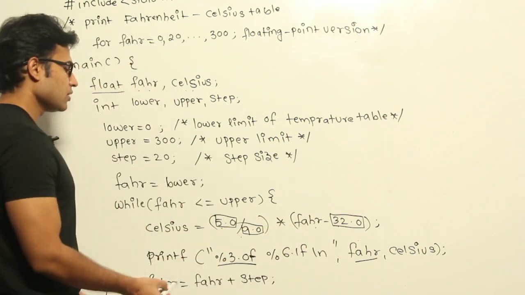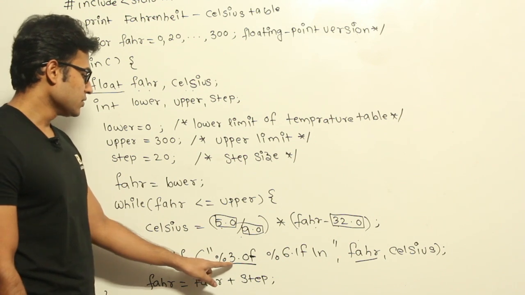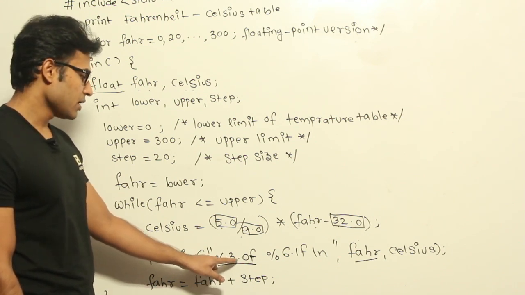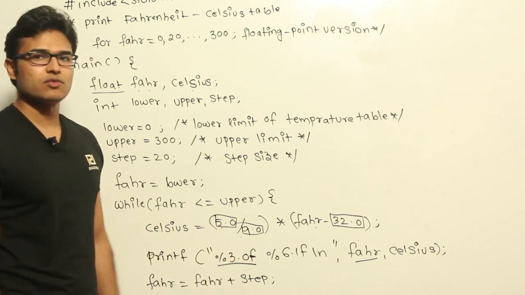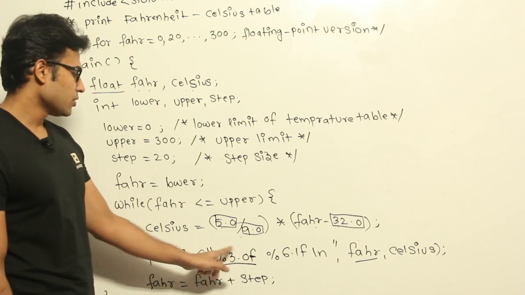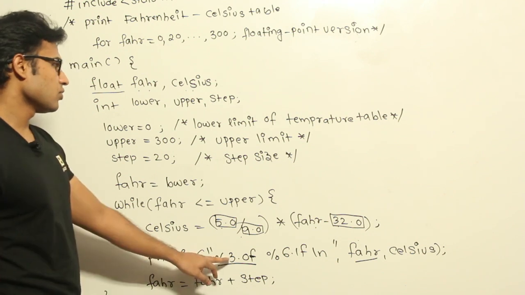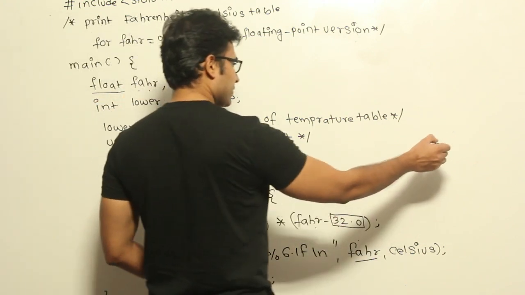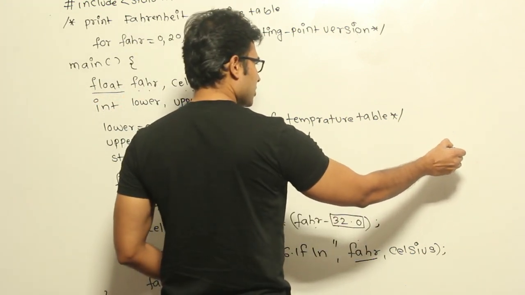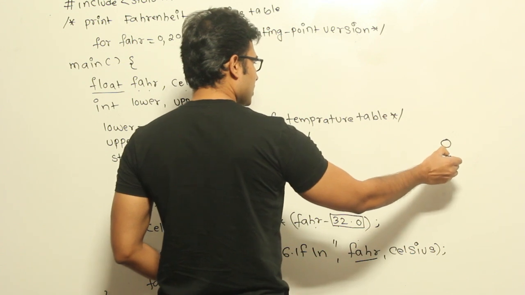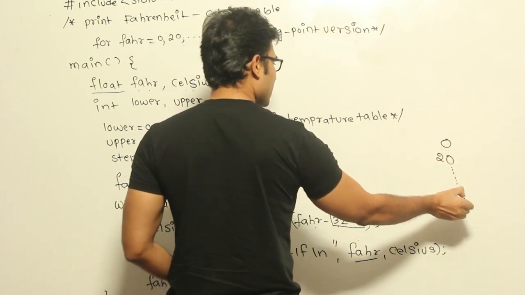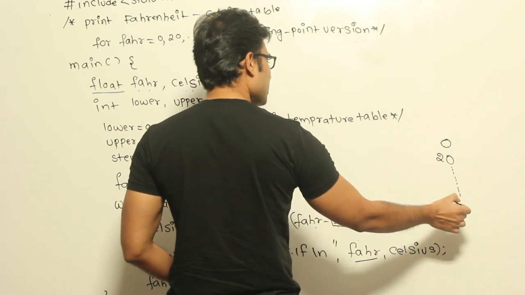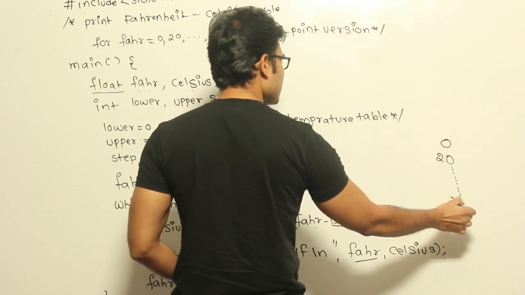And how do you want to print the floating point number is, you use 3 places to represent the number before the dot, and after the dot 0 places, which means you don't want to see anything after the floating point, okay? Therefore, if 0 is there, it will simply be 0. Next 20 is there, it will simply be 20, right? After the point there will be nothing. And finally if you have 300, it will simply be 300.